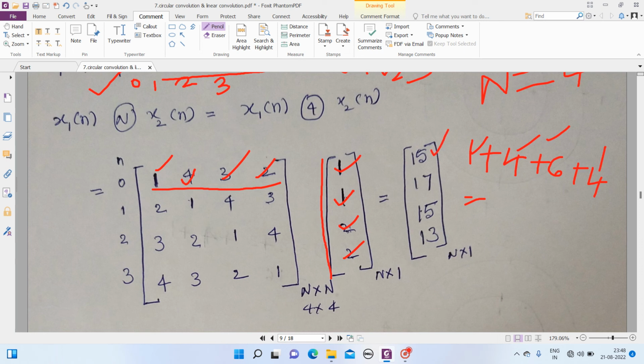Similarly, you have to solve the next values of x3 of n. What is x3 of 0? It is 15, right? Similarly, you have to solve the other three values of x3 of n.